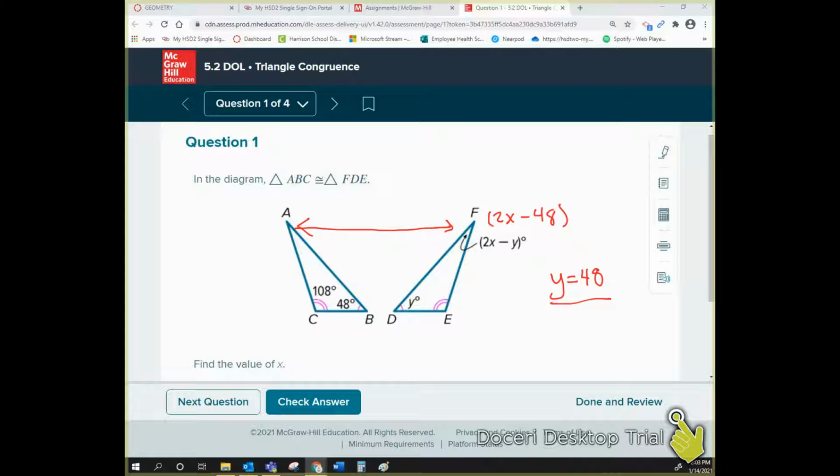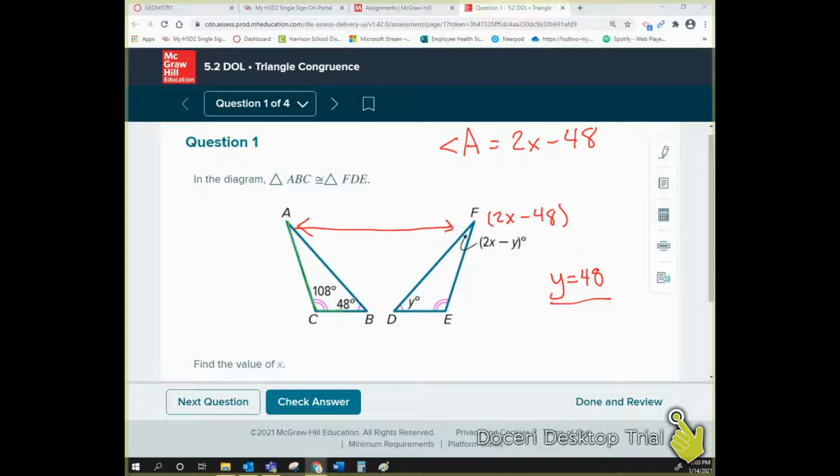So I don't know A yet, but I do know that angle A is equal to 2x minus 48. Before I can continue with this problem, I actually need to solve A. The way that I'm going to solve A is by using my triangle sum theorem.